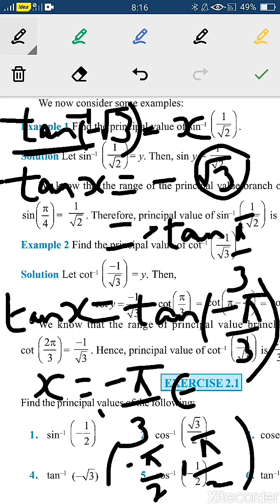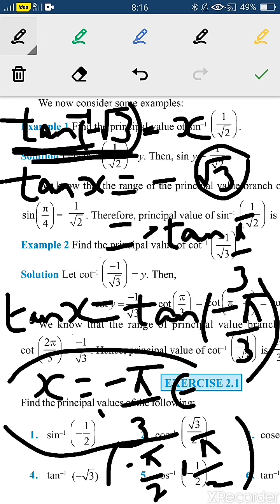So this implies the principal value of tan inverse minus root 3 is equal to minus pi by 3. The principal value should lie in the principal value branch of that particular inverse trigonometric function, right? Let us take one more example now. I hope this is clear to you.